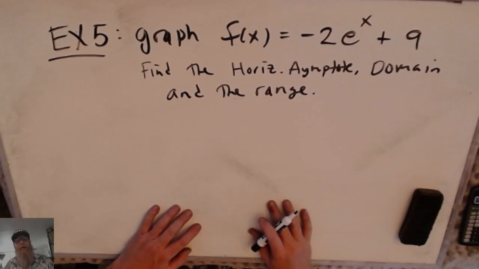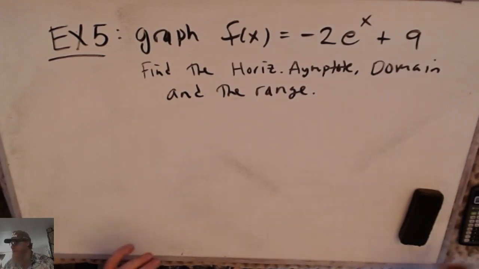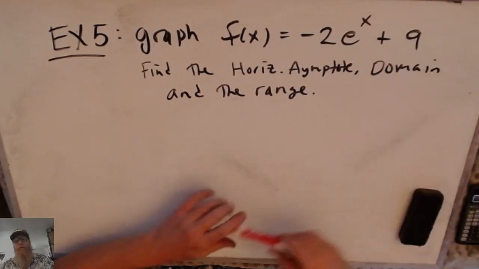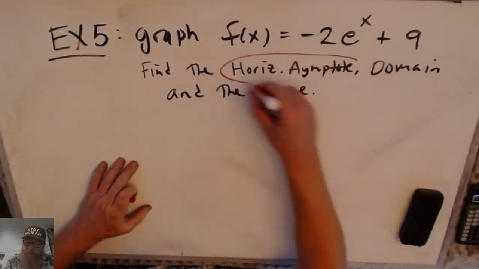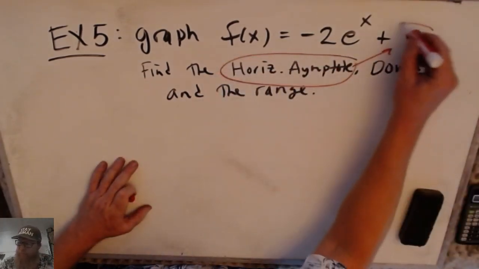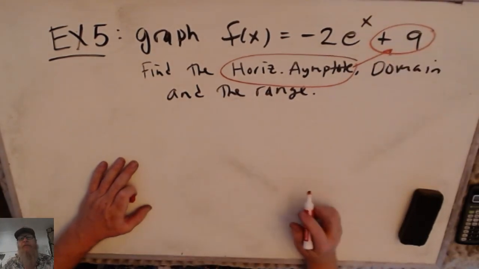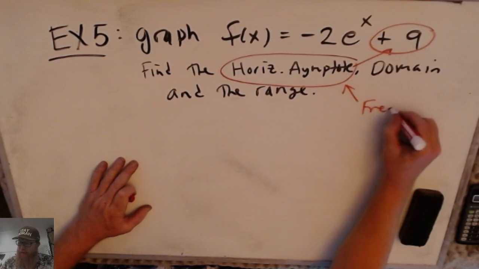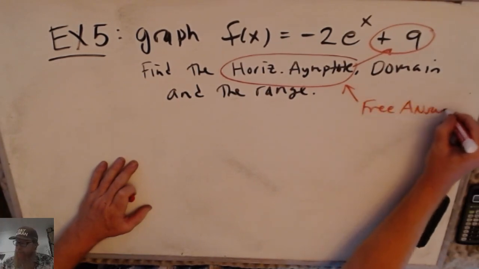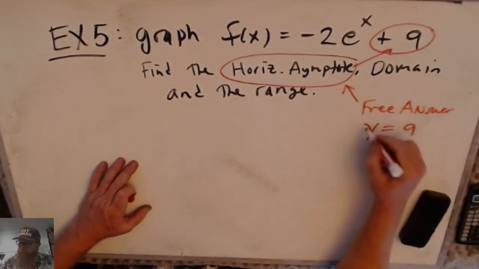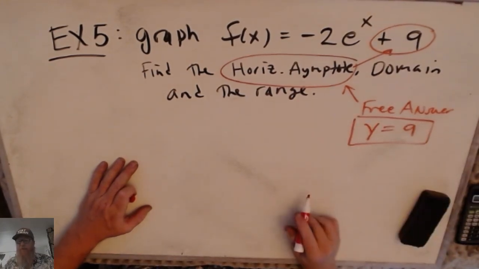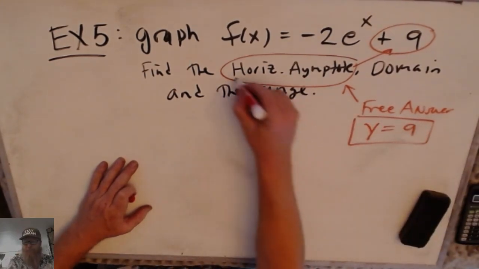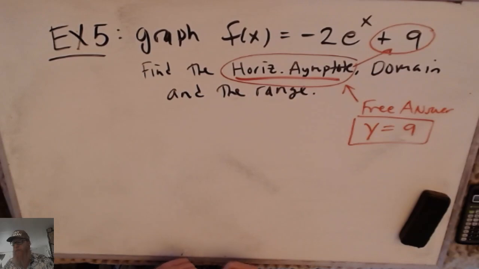All right. A couple of these answers are free. In fact, you can find them right now. The horizontal asymptote is the same as the vertical shift. So you might as well answer that now. So that's your horizontal asymptote. Y equals 9.